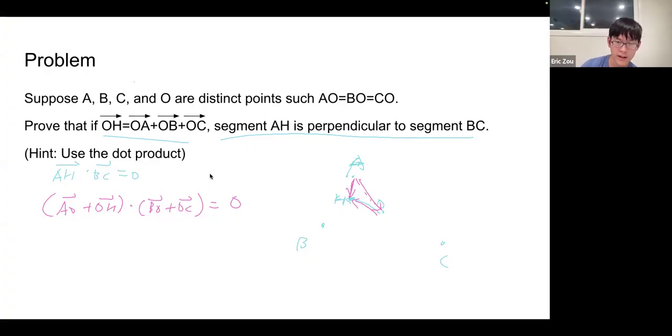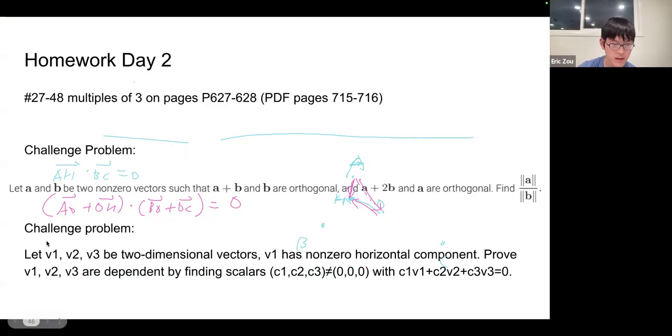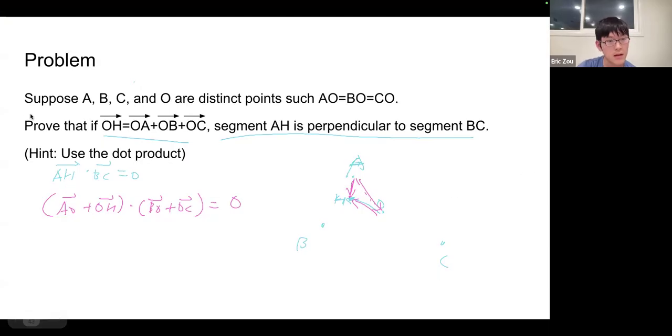Remember that OH is OA plus OB plus OC. And also, BO is negative OB.